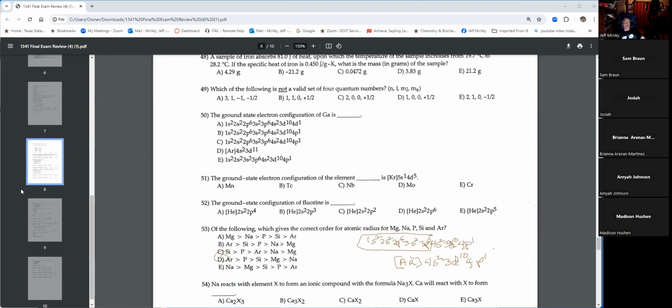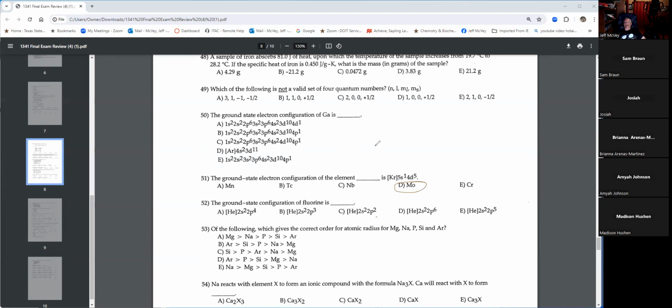Let me go ahead and erase all that. Okay, the ground state electron configuration of the element 5s1 4d5 is what? I believe it's molybdenum.